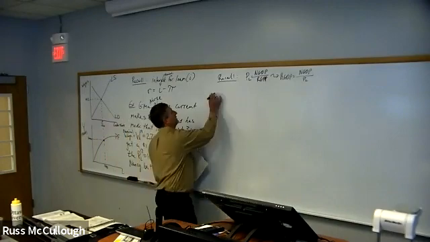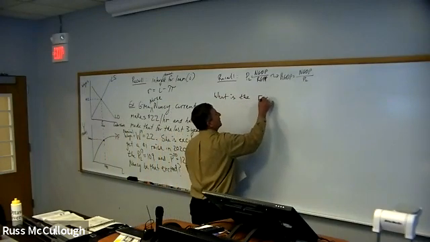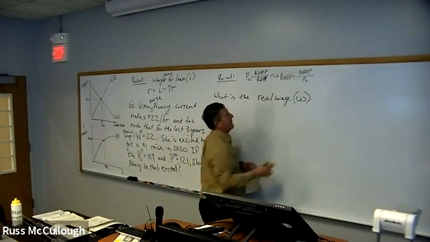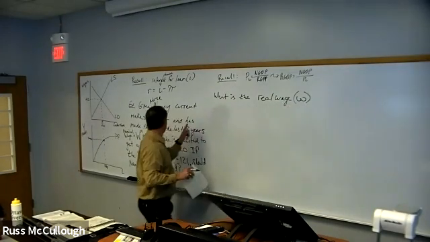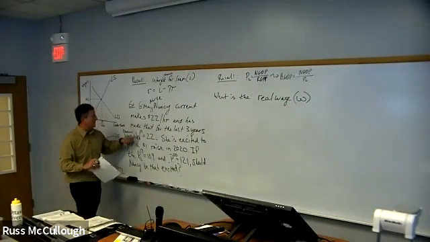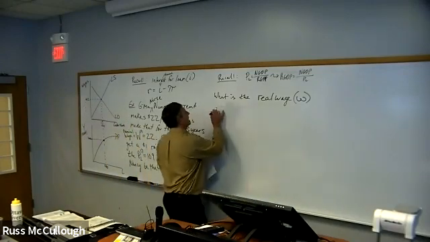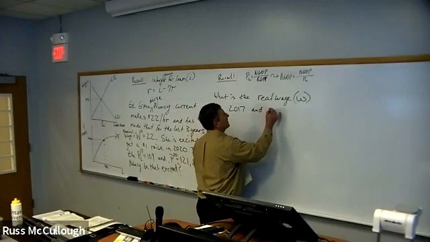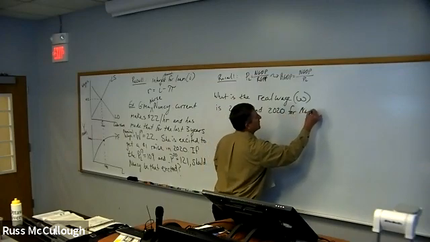So my question is, what is the real wage, which we'll denote in my lecture notes with a script capital W? What is the real wage in 2017 and 2020 for Nancy?